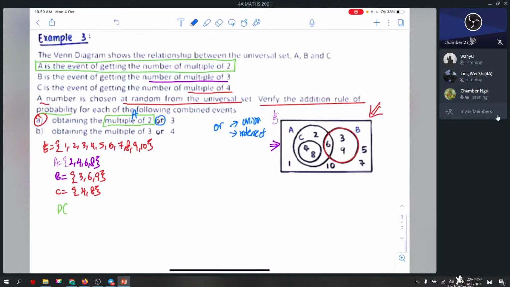What you? Or. Union or intersect. If union, then you reply me U. If intersect, reply me I. In the YouTube also the same.